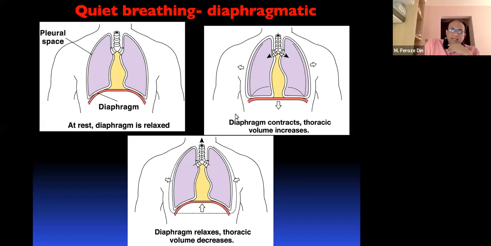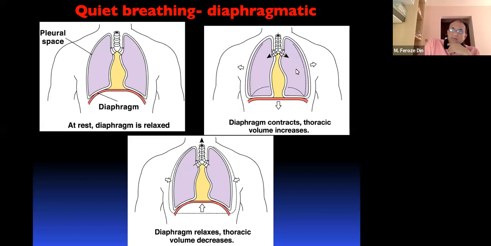When one breathes in, the first step is that the diaphragm contracts. When the diaphragm contracts, it moves downwards, creating more volume within the chest cavity. That volume increase, by Boyle's law, causes a fall in pressure within the lungs.